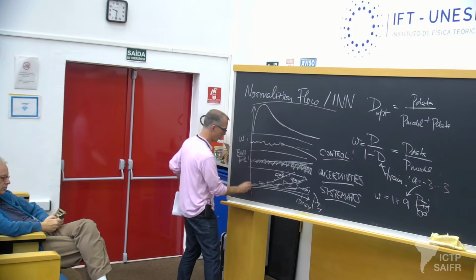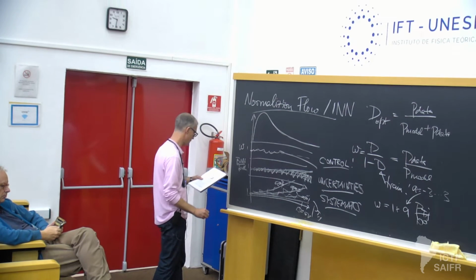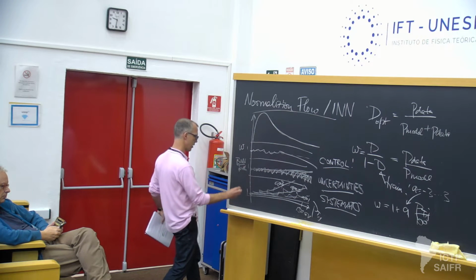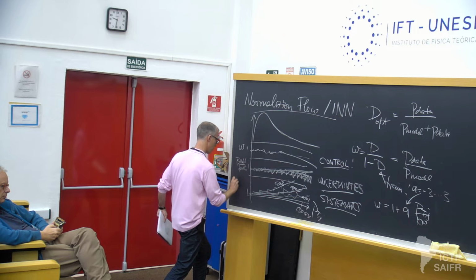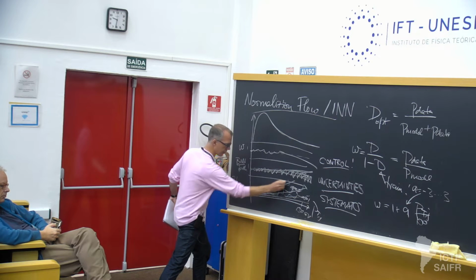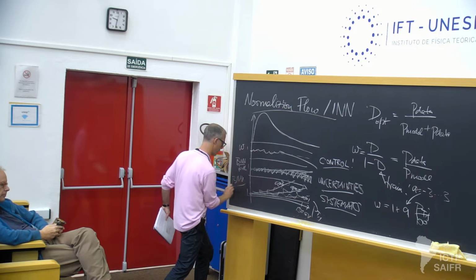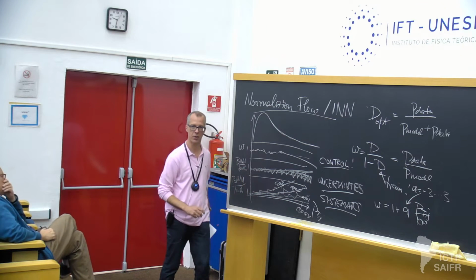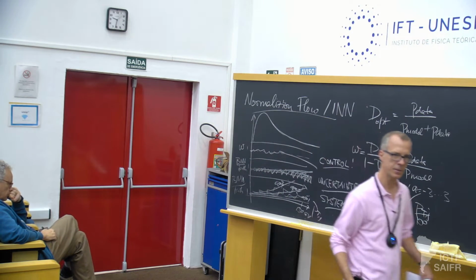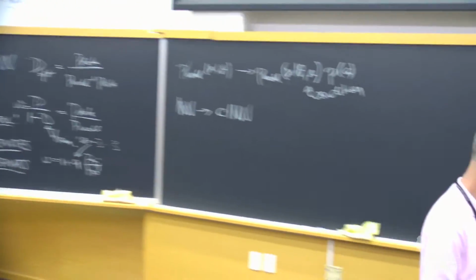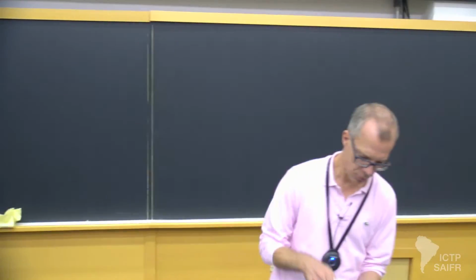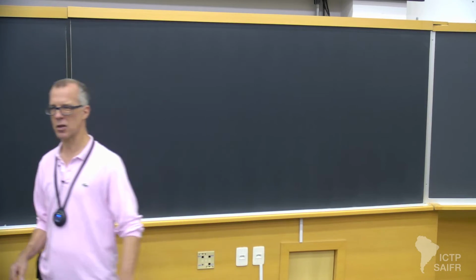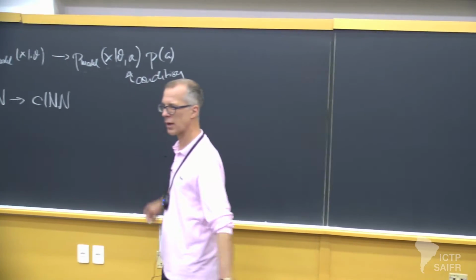Oh, this is just the network over truth. In that case, because I have uncertainties, it's a BINN over truth. It's the same as here, just for different values of A.